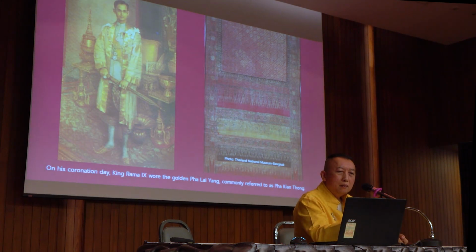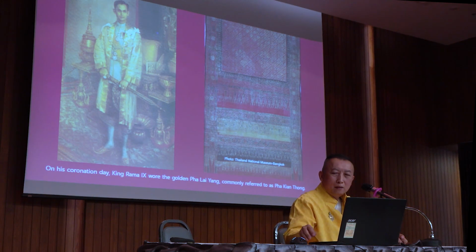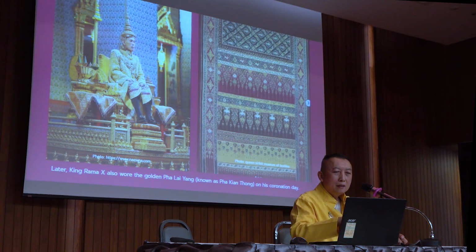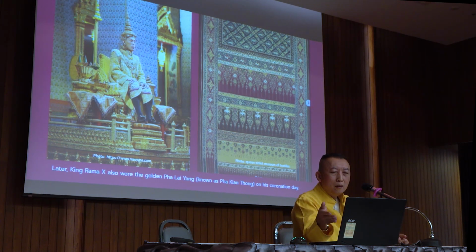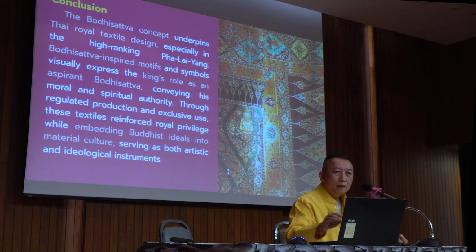And on every coronation day, the king has to wear a particular kind of Pha Yang in the golden scheme, referred to as Pha Khian Thong, to represent his status. Even the last king, King Rama X, also wore this kind of Pha Yang in the golden scheme, Pha Khian Thong, for his coronation day.